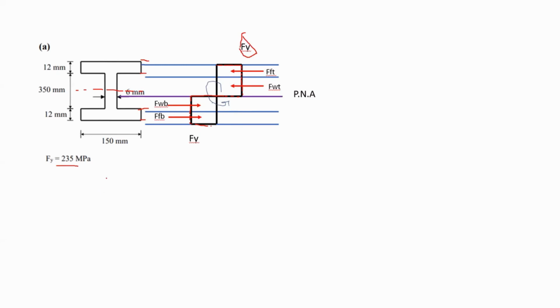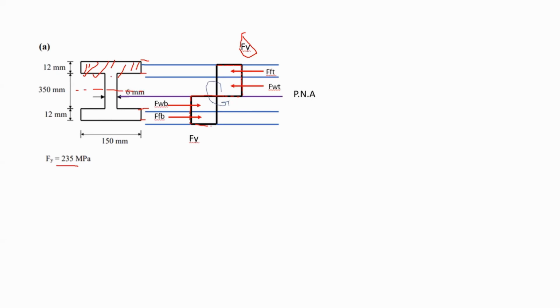In order to calculate the plastic moment, I have first of all to find the forces in each region of my wide flange. For instance, I have the first region, this top flange. The top flange has a specific amount of force. That's why I have this force arrow. The arrow is representing the force, and I call it F, the force in the flange top.